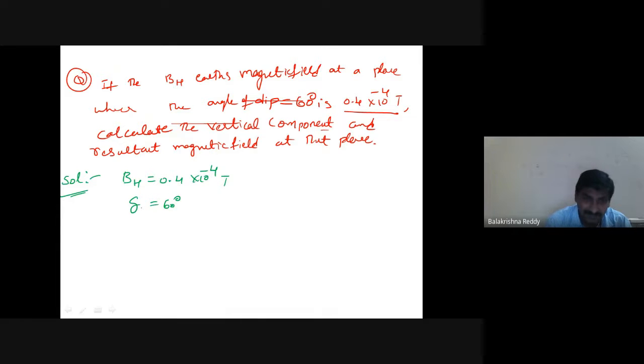But here we need to find BV as well as the resultant magnetic field.